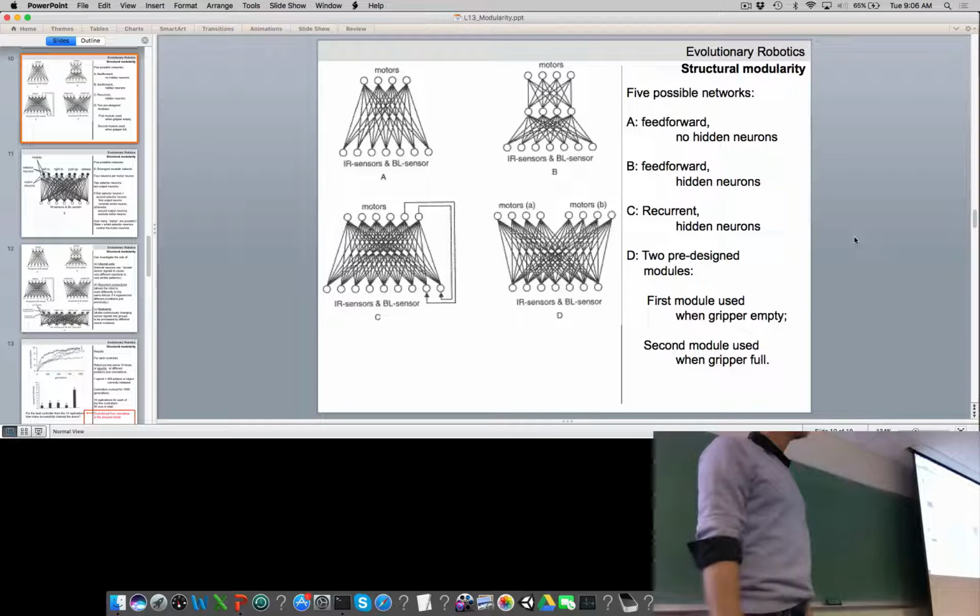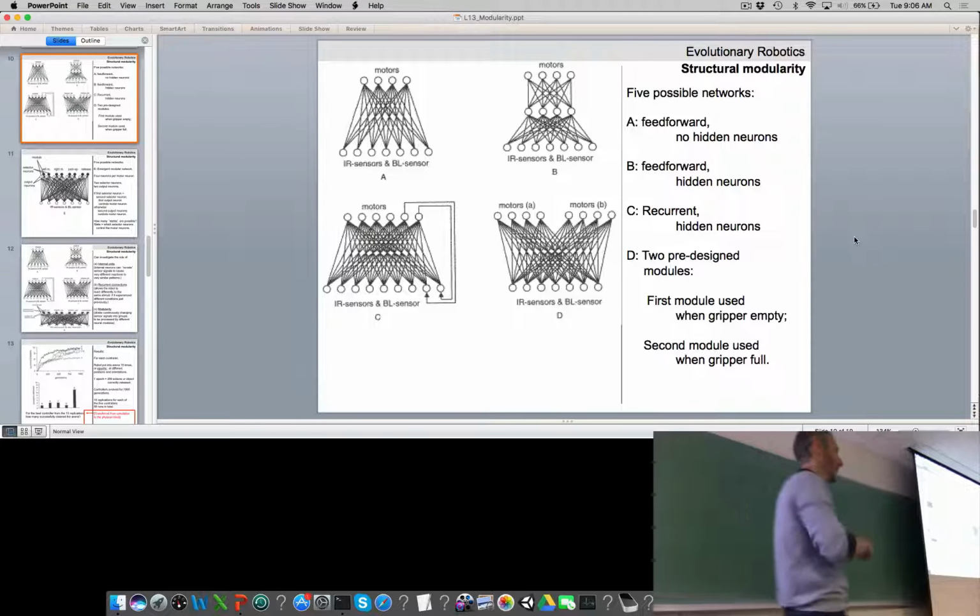Neural network B is exactly the same, except now we put in some hidden neurons. What is the advantage of putting in hidden neurons? What do hidden neurons do for a neural network? You remember all the way back to near the beginning of the course when we were introducing neural networks, and we saw a neural network that performed the OR task, the AND task, and then I asked you to design a neural network that performed the XOR task. We had to put hidden neurons into that one, right?